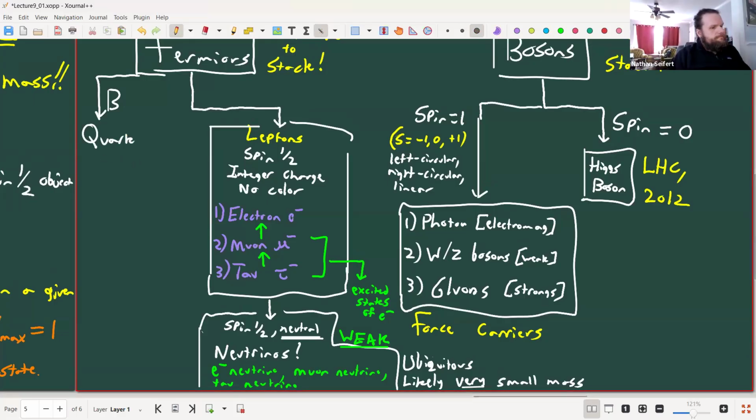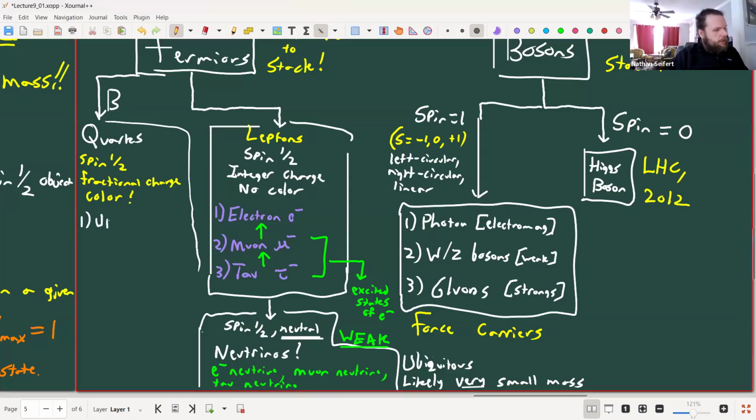We're doing fundamental particles, which are spin one half, just like them, but they have fractional charge. I'll tell you what I mean by that in a second. And they have color. And there are six different kinds.